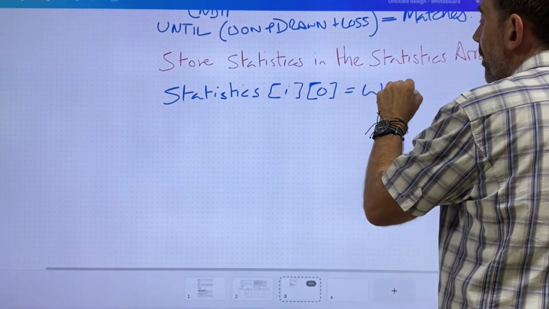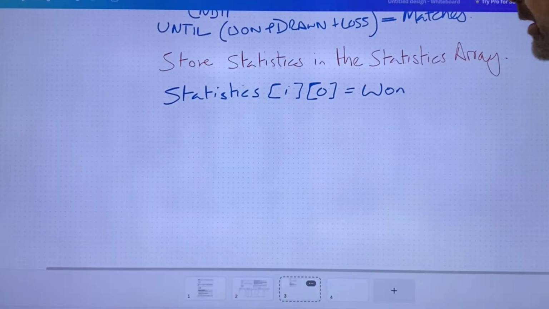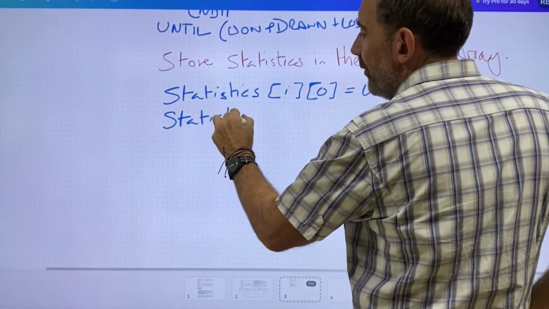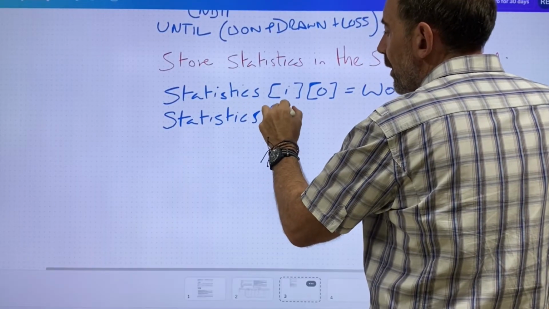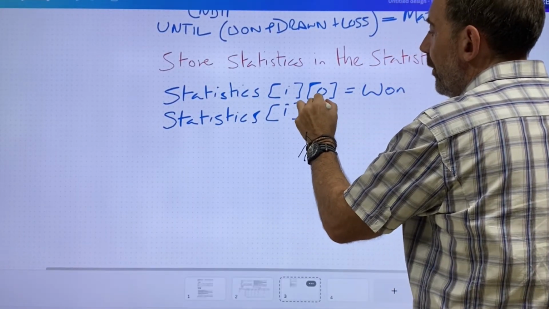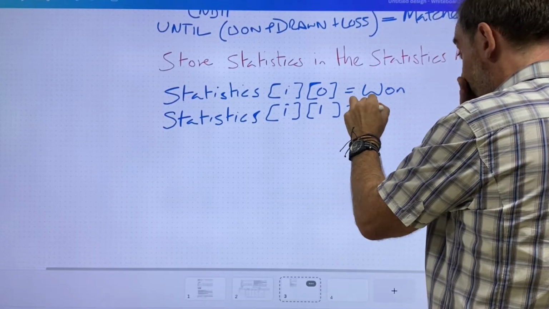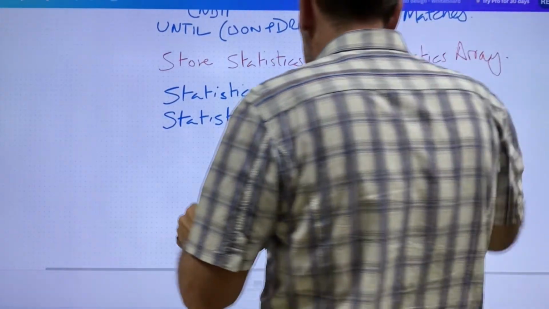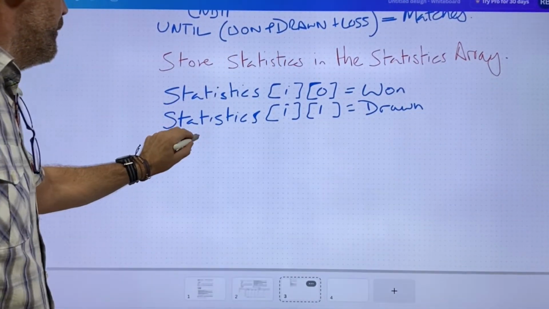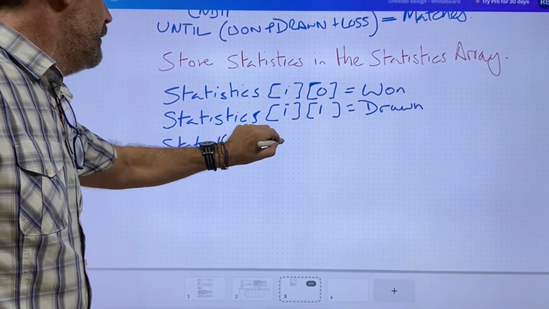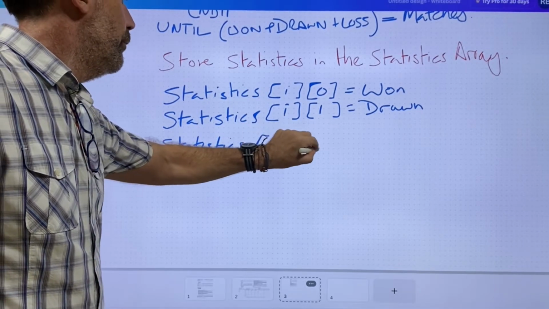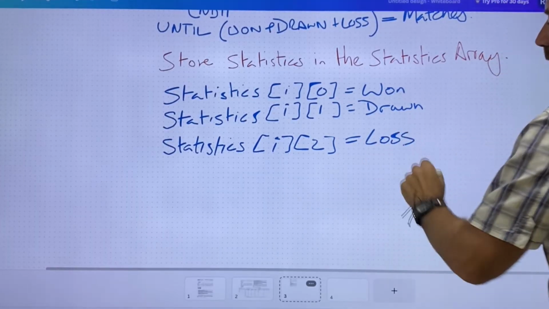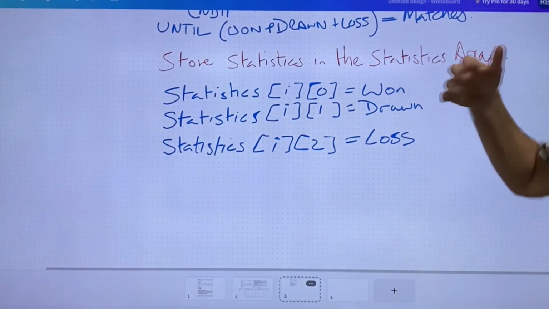Then statistics index value 1 is going to store drawn, and statistics index 2 is going to store loss. That's where we're storing things.